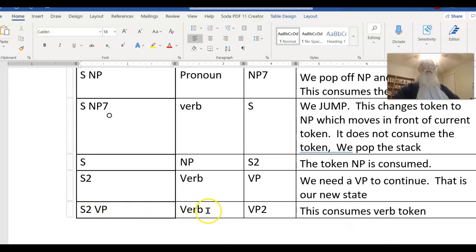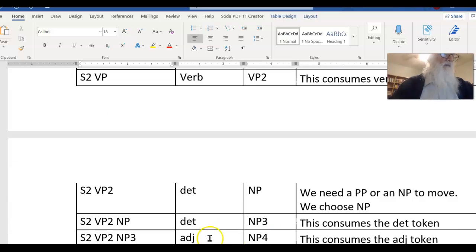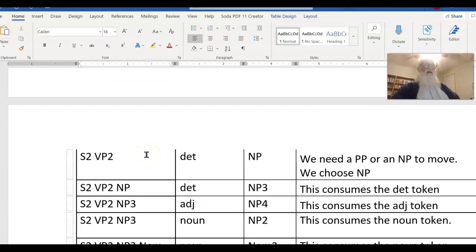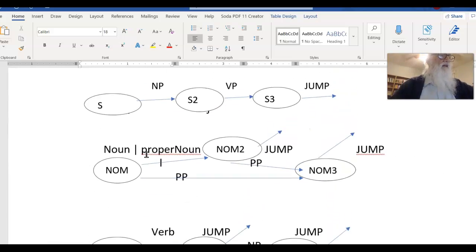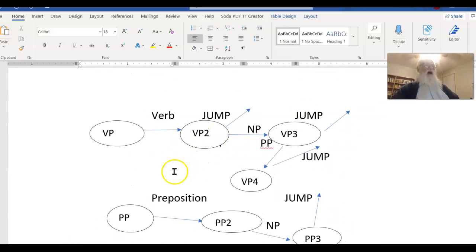And the first thing in the verb part portion is a verb. It takes me to VP2. And I keep saying over here, this consumes, this eats up. What it means is it goes away. So I've already done the pronoun. I've already done the verb. I'm at VP2. Well, if you go back and look at VP2, oops, something's wrong.